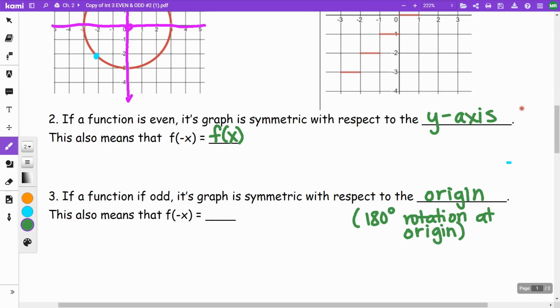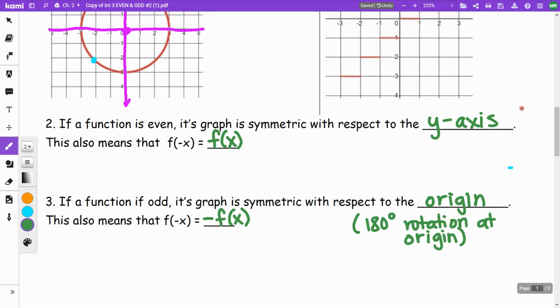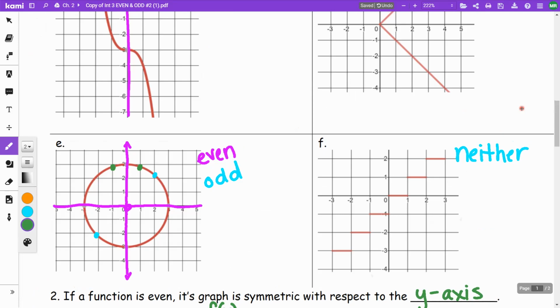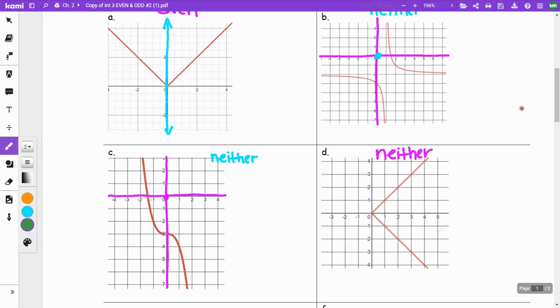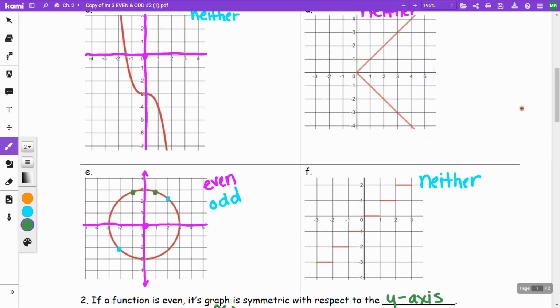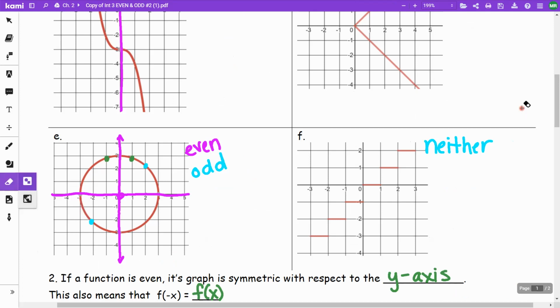So this means that if I put in a negative x, I get the opposite of the value that I would have gotten for x. So, for example, none of these were odd except for this one. At +1, I got this value here.